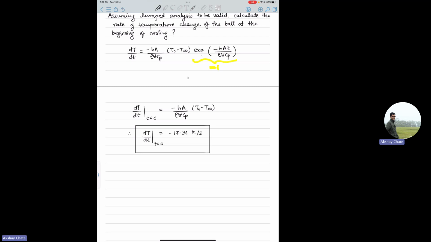Yeah, there is this question, one second. There was one question which combines fins and this lumped analysis, or rather the Biot number.